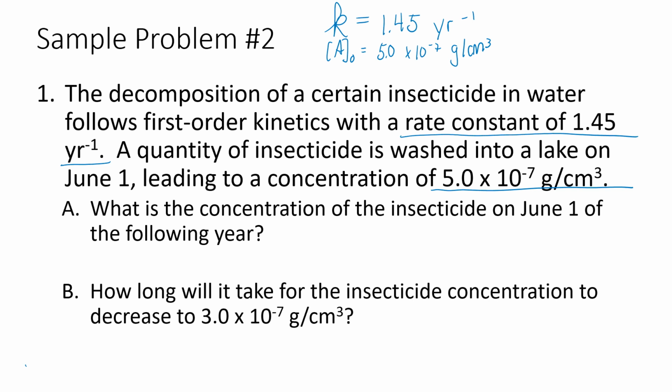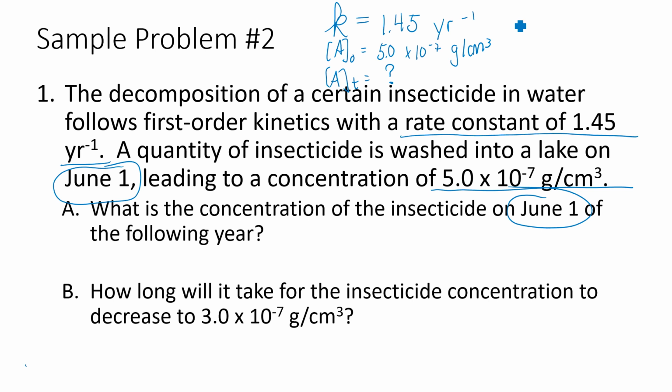And the question is, what is the final concentration after some amount of time has passed? Let's read through the question to interpret how much time has passed. We're talking about some insecticide being washed into a lake on June 1st of one year, and we're asked what it's going to look like on June 1st of the following year.